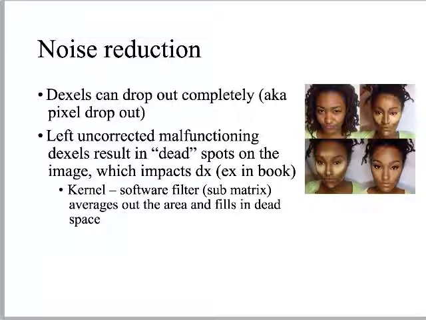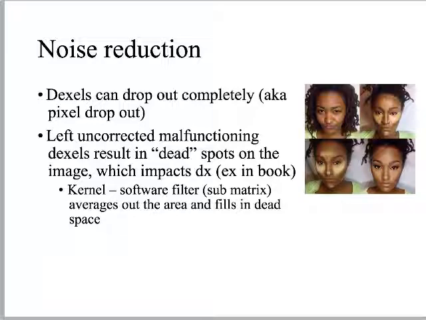Dexels can drop out completely. They can go completely dead, right? For example, I could think about this as being like one of the pits that I have from a really bad pimple that I had when I was 16, right? If you had a really bad pimple and you didn't listen to the doctor and you popped it every week or something, I'm not trying to be too gross, but eventually that area is going to have a scar on it, right?